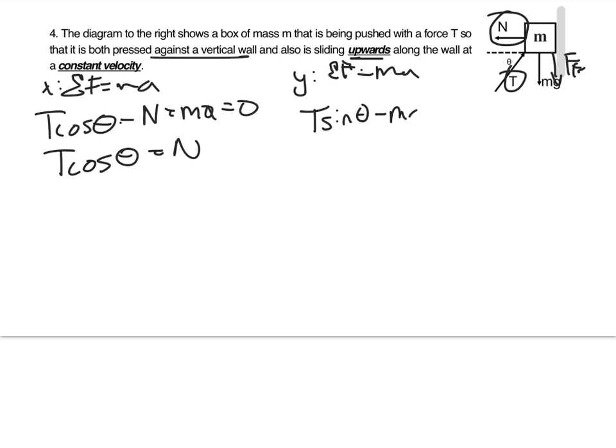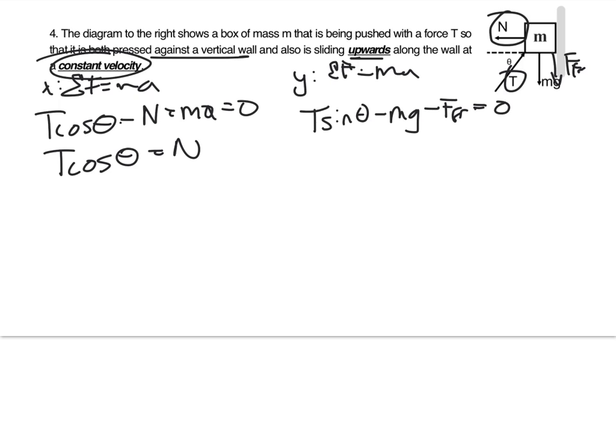We've got mg, and we've also got our force of friction acting there. And those all still equal 0. It says it's sliding at a constant velocity, which means that our acceleration is going to be 0. And then the next couple questions give us some numbers to plug in.